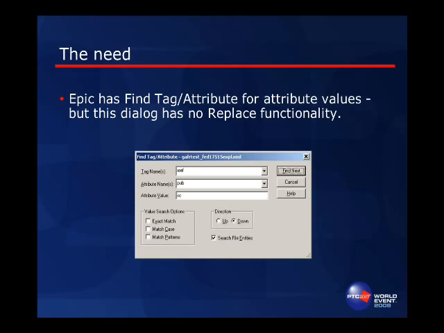If you want to change them, then after you click Find Next, you can close this box and go to the editor and change it by hand if you want. But there's no way to do that without scripting. So like I said, one of the first things that I was asked to do was to make a global find and replace for attribute values.